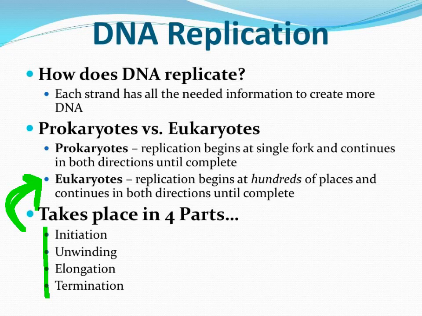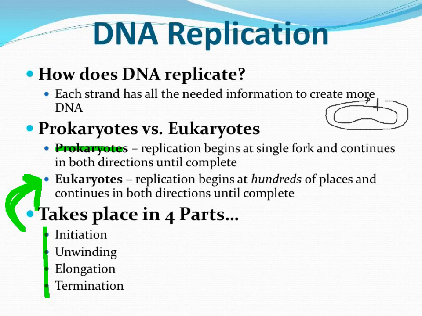But you do need to know that in prokaryotes, it begins at a single fork and continues in both directions. This is like, because DNA, it's not exactly in a straight line like that, it's usually coiled up inside, but it'll start at one single point and it will go all the way around until the whole strand has been replicated.